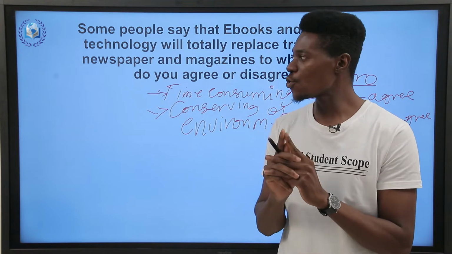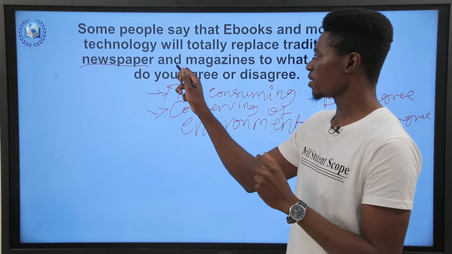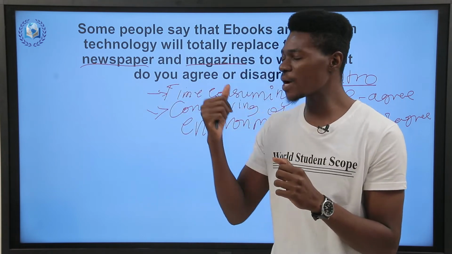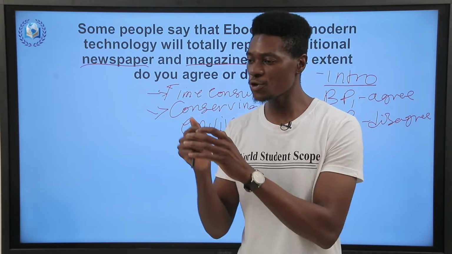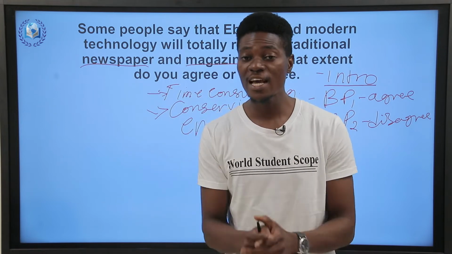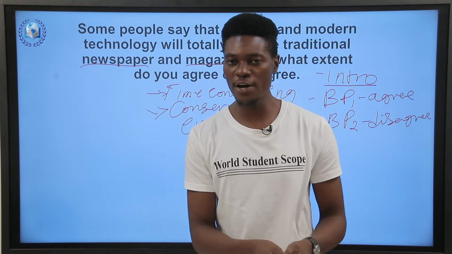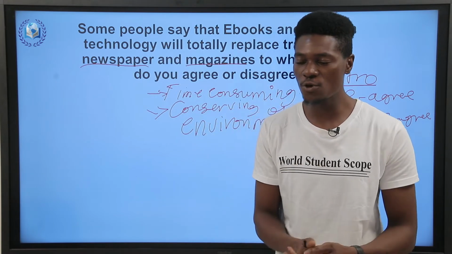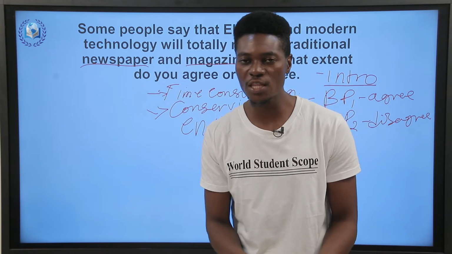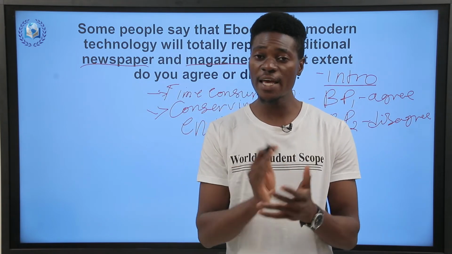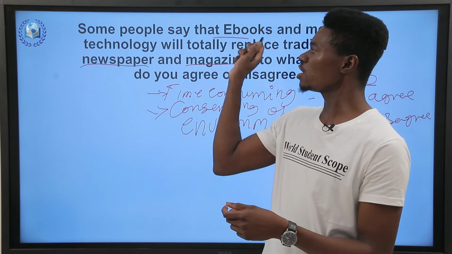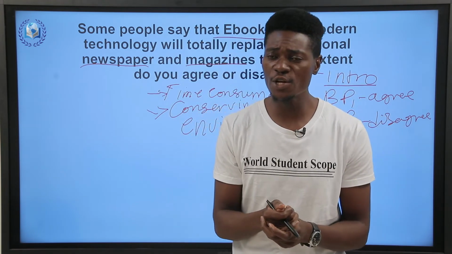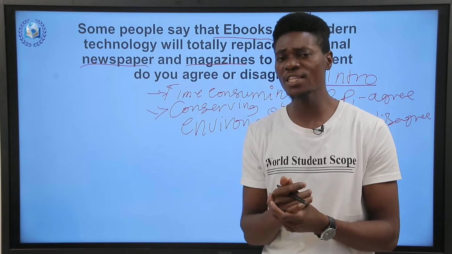Take for instance, we are using paper in making magazines and books. If we are using paper, this is waste. So if we use a lot of paper in making books, it means we will pollute the environment by having waste materials. So instead of using paper, instead of polluting the environment, instead of polluting the land, we can use e-books, whereby there is no need of paper.